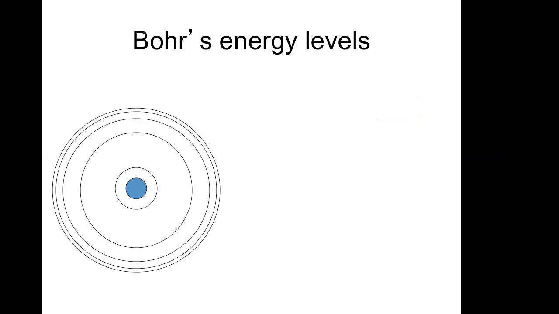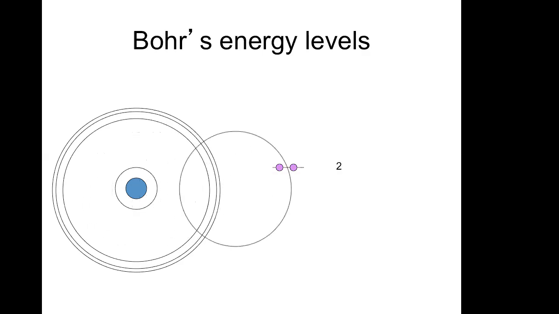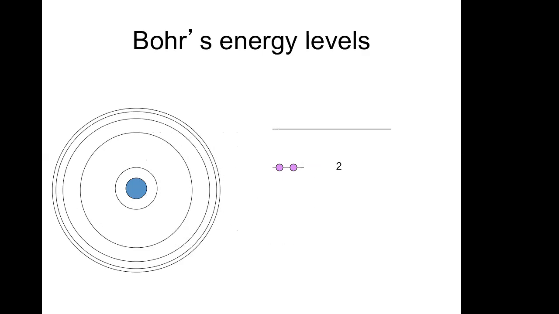But we don't want to have to draw an entire atom every time we're talking about our electrons or the energy levels. And so what we tend to do is use horizontal lines to show these. So our first layer, the inside layer here, the smallest circle, we're just going to show with a very short line. And I said that one can only hold 2 electrons. Then our next layer, we would show with a longer line.